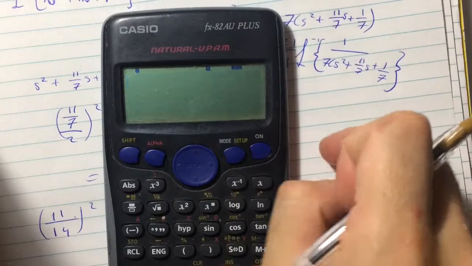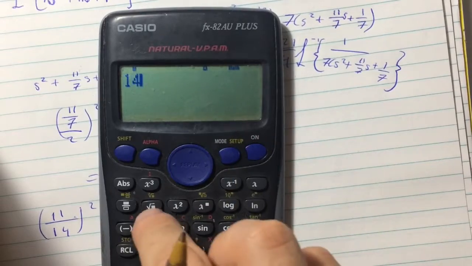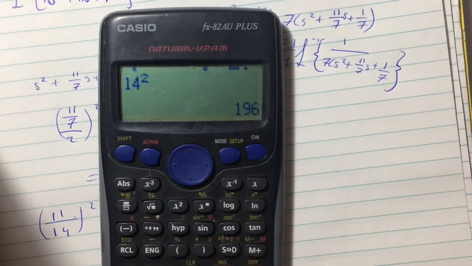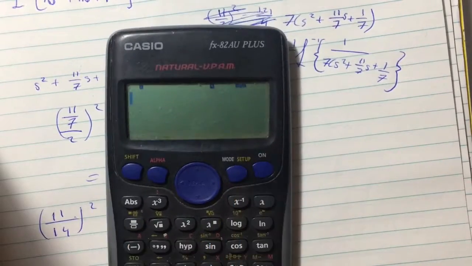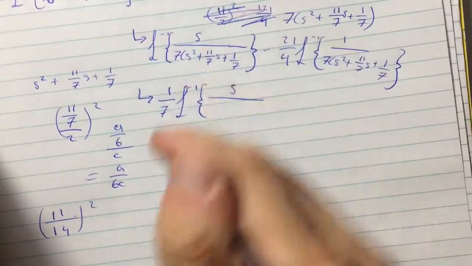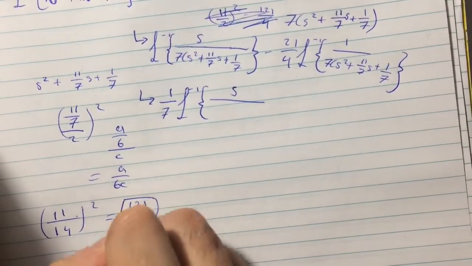That's 11 over 14 squared. And I don't know what 14 squared is. Sorry, I know it's kind of embarrassing. I think it's like 191 or something. Hold on, let's do 14 squared. 196. Man, I was close, but whatever. So this is equal to 121 over 196.